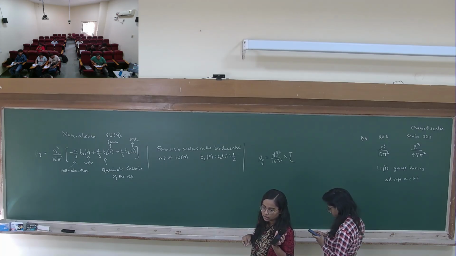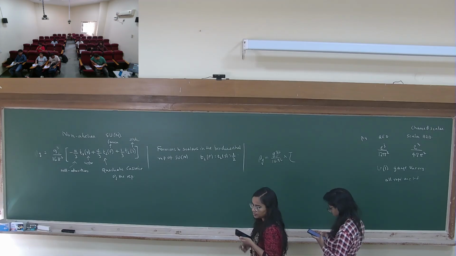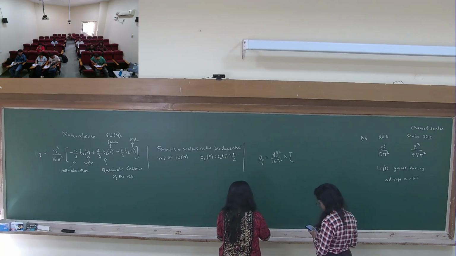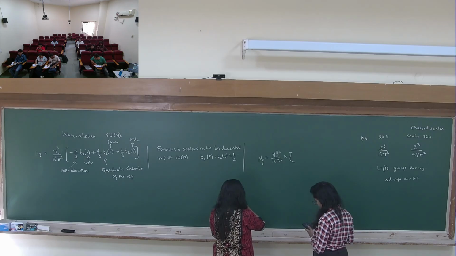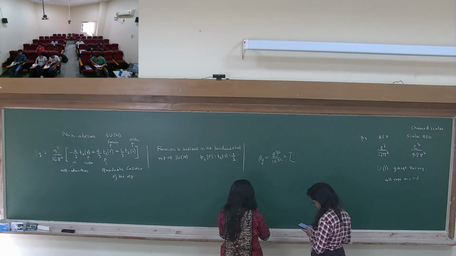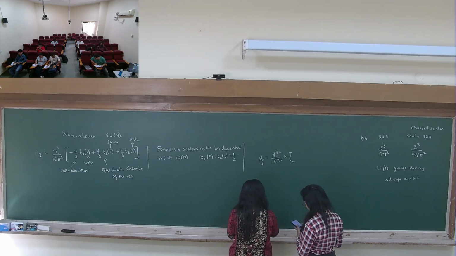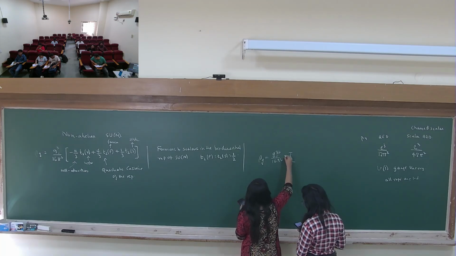But there are three different cases. There's a U1 coupling, then there's an SU2 coupling, there's an SU3 coupling. So I want you to get all three of them. Okay. So only when you do this, you will figure out what is what. Okay.